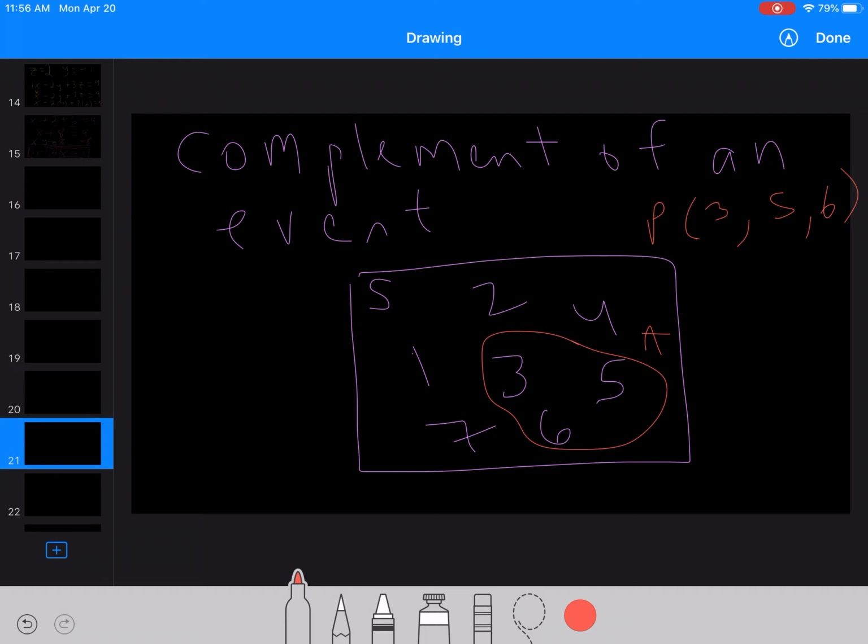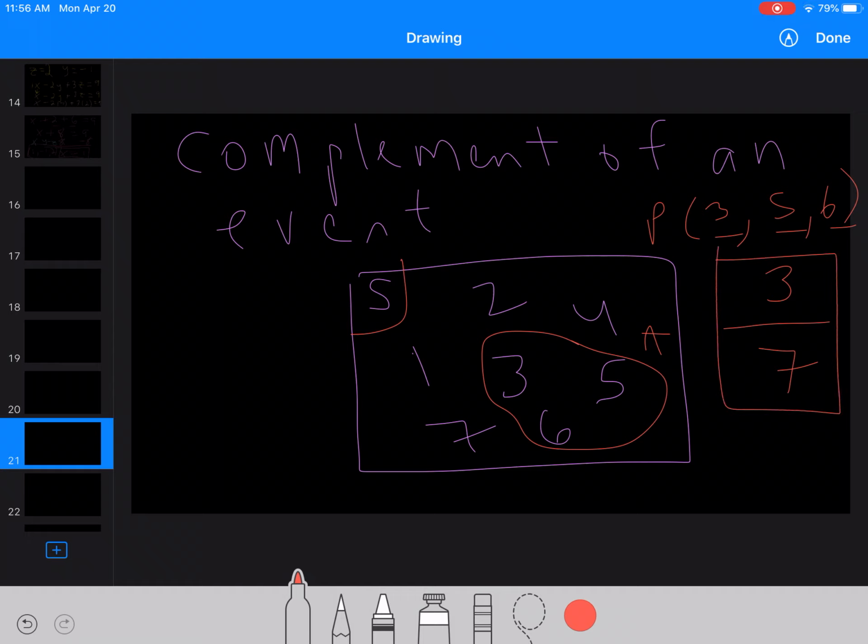There are 3 of those possibilities, so my desired events are those 3 numbers that I want, over my total possibilities. All the total possibilities are in your set S, your universal set. So 1, 2, 3, 4, 5, 6, 7. So that's my probability.